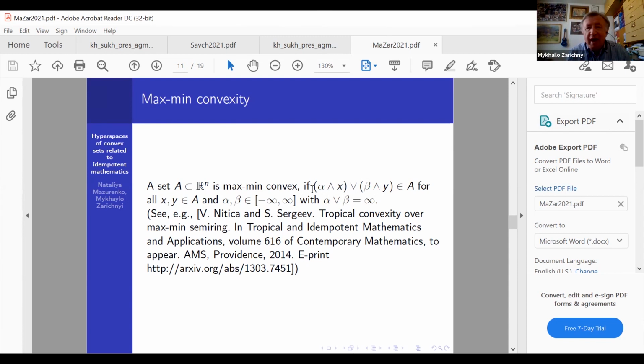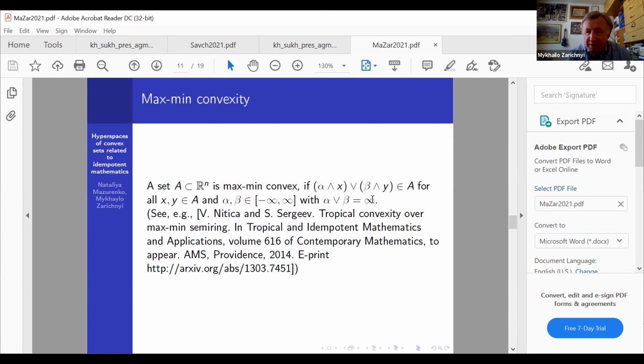Therefore, we have a counterpart of the notion of convexity. So we have alpha times x plus beta times y. This is a convex combination for what alpha and beta? Alpha plus beta should be 1.